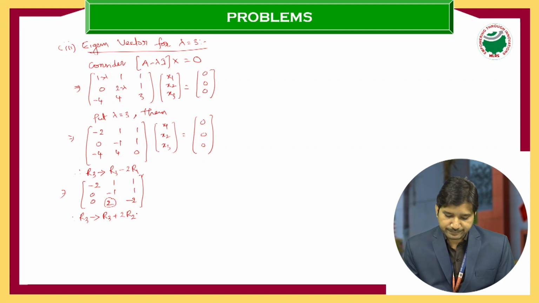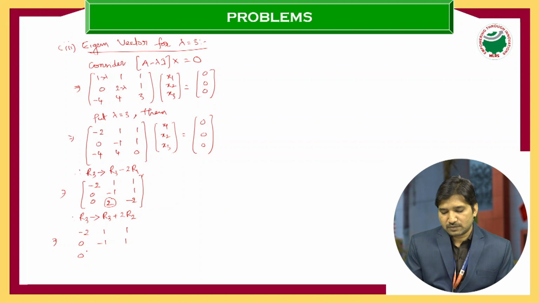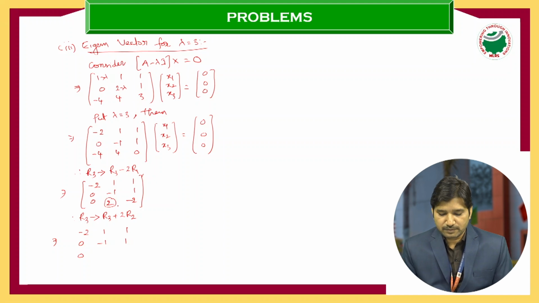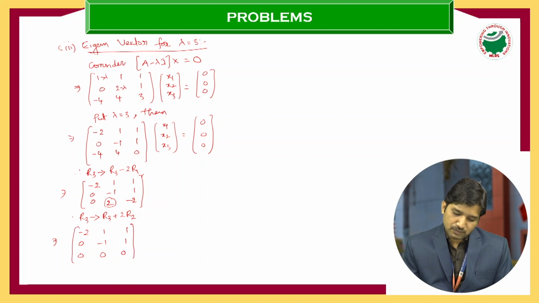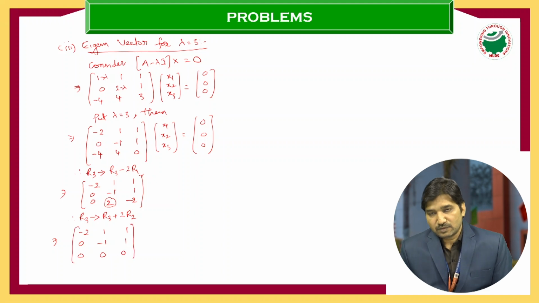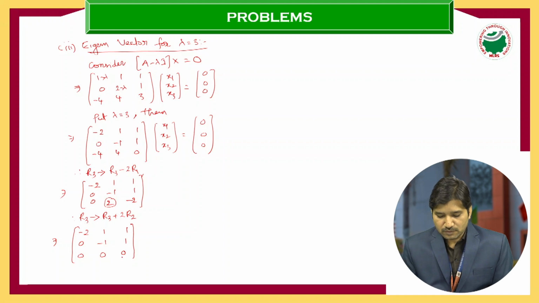The first two rows are minus 2, 1, 1 and 0, minus 1, 1. The first entry is already 0, and adding gives plus 2 minus 2, 0, and here also plus 2 minus 2, 0. So the last row is 0, which means the rank of the matrix is 2.